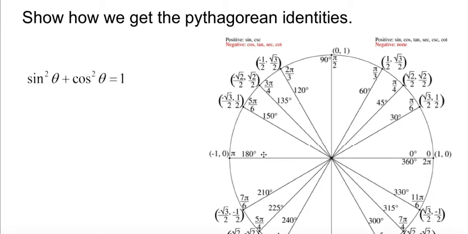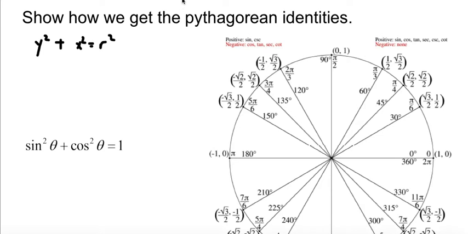If you remember from the very beginning, the unit circle is centered at 0, 0 and has a radius of 1, so the equation of our circle is y squared plus x squared equals r squared. Because the center of the circle is 0, 0, we can write out our equation like that.